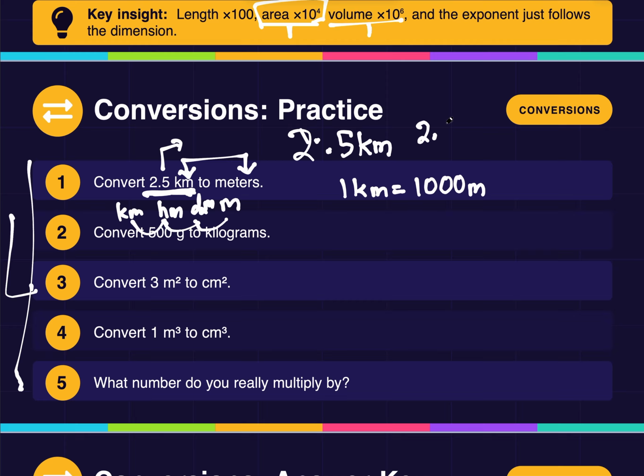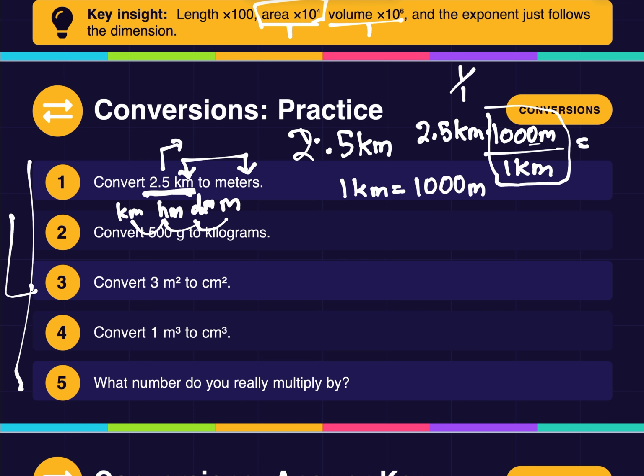So 2.5 kilometers times 1,000 meters over 1 kilometer will give me my answer. Because this is a true ratio, you can think of this as the same thing as 1 over 1, because 1,000 meters is just the same as 1 kilometer.